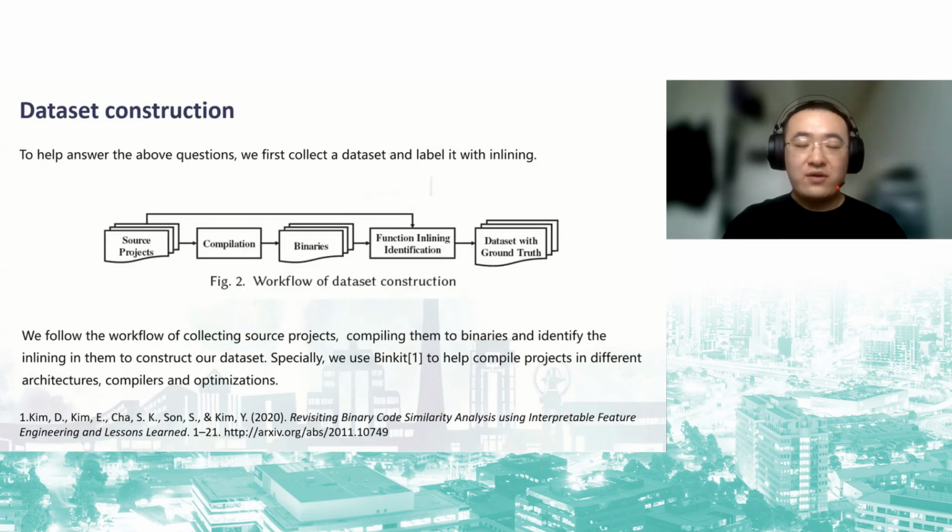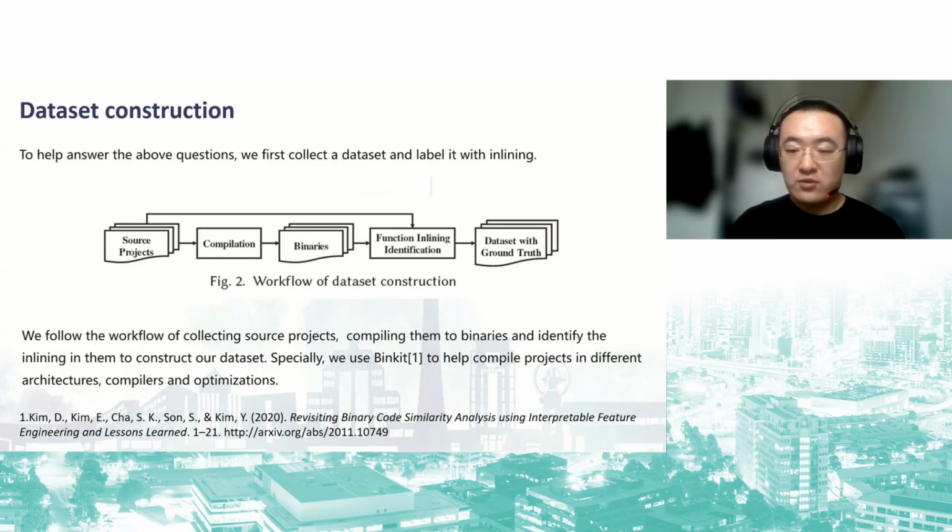And before answering the above questions, we first collect a dataset and label it with the inlining to support our study. We follow the workflow of collecting source projects, comparing them to binaries, and identifying the inlining in them to construct our dataset.